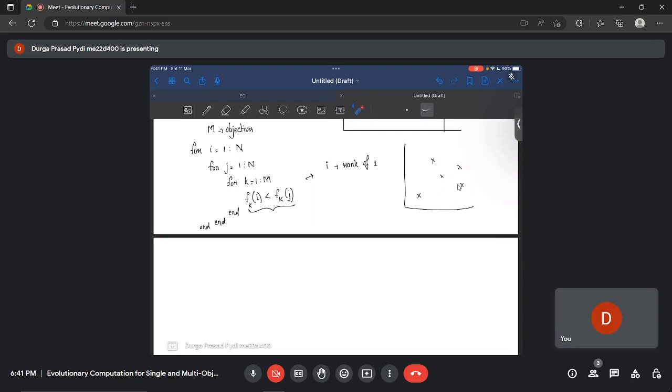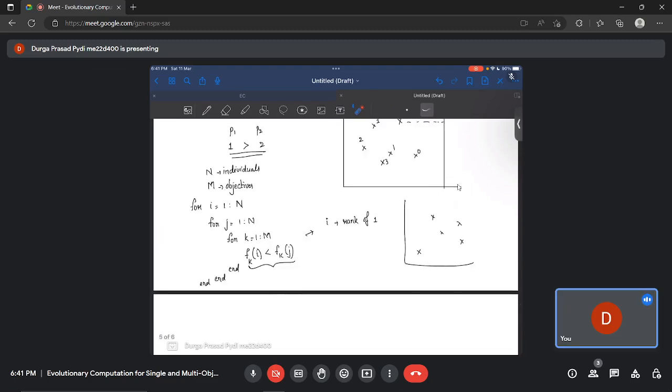So you essentially need two loops for that, and you also have another loop for the number of objectives. If you have m objectives, you need another loop for all these m objective functions. But after doing all of this, what you get to know is only one single value: whether that particular ith individual is of rank 1 or not. If this is satisfied for all the values, then i has a rank of 1.